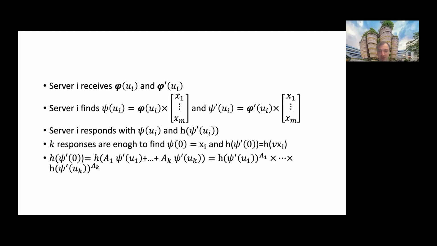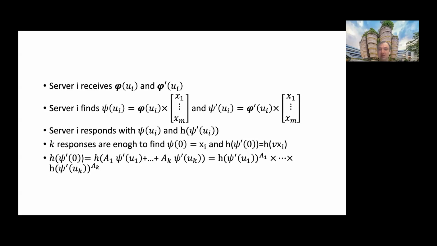So before, the server responded with psi and psi prime, now psi and the hash of psi prime. Why? Because we need to retrieve the file of interest, so we can't respond with a hash of the first response. We have to send the whole first response, but to check correctness, we can check using hashes.